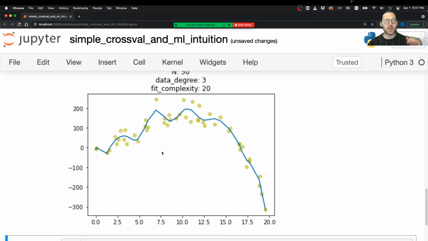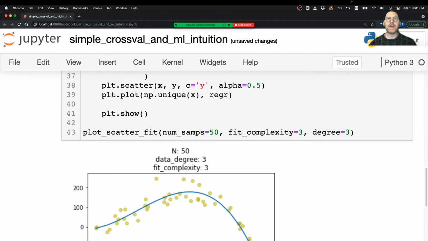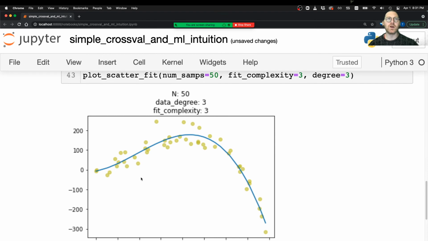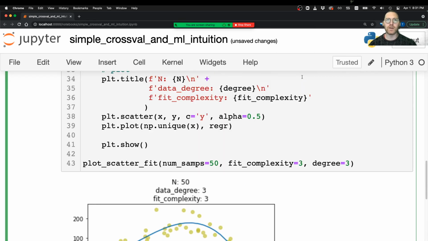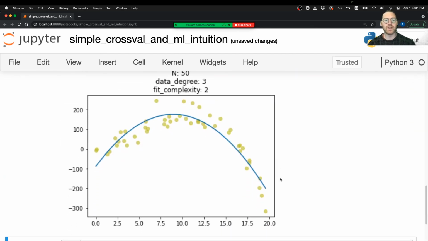So it's following the variation in the data. It has high variance. Ultimately, our ideal is probably going to be an order 3 fit on a degree 3 underlying phenomenon, but this order 2 fit is just fine.